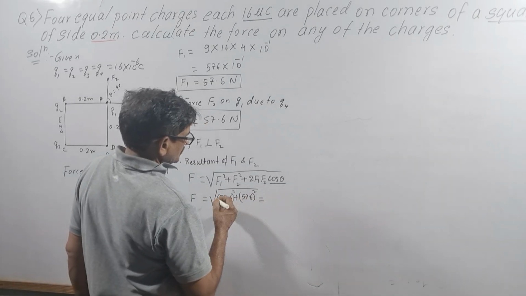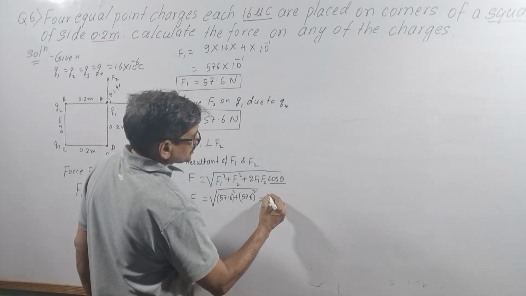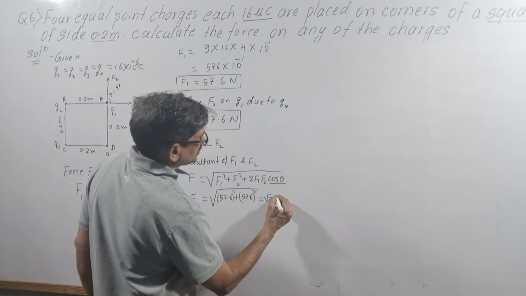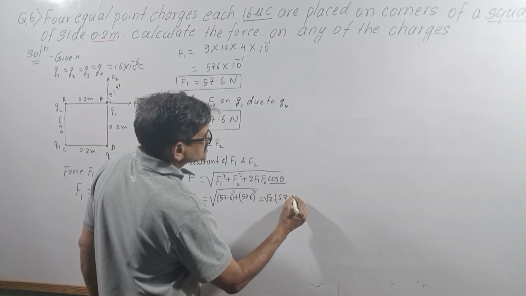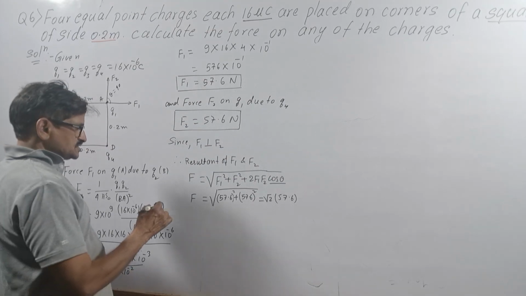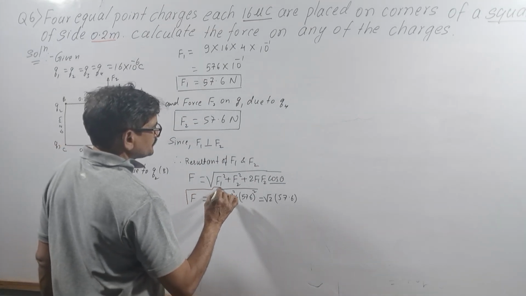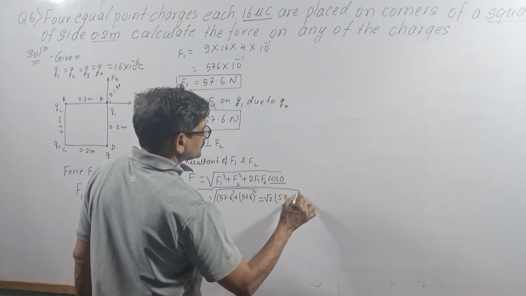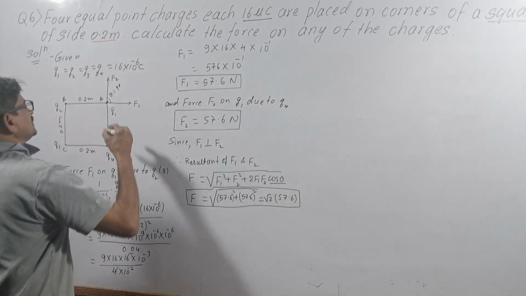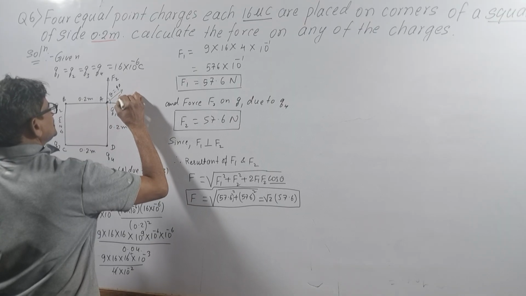Now by simplifying this one, if you add these two, it becomes 2 of this term, and if you take it outside, 57.6 comes outside and root 2 will be inside. So this is the resultant force of F1 and F2. This is F.